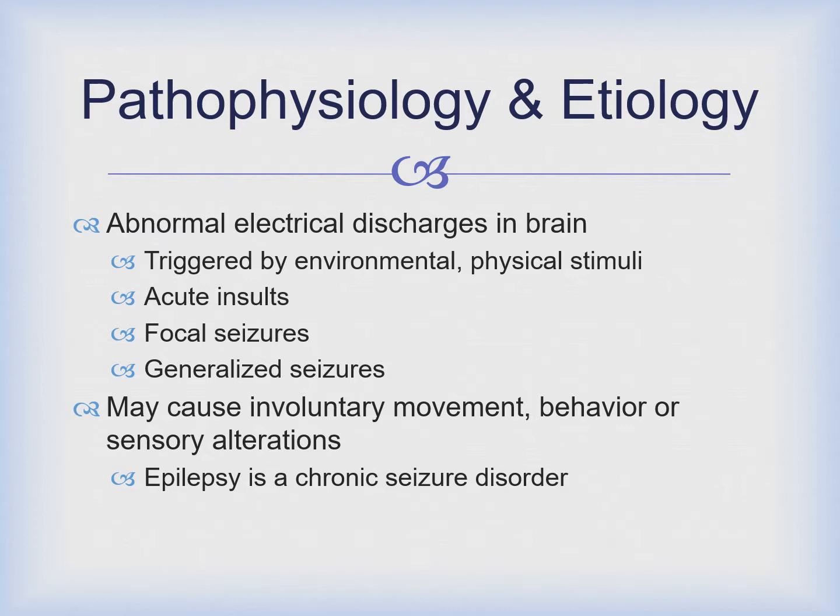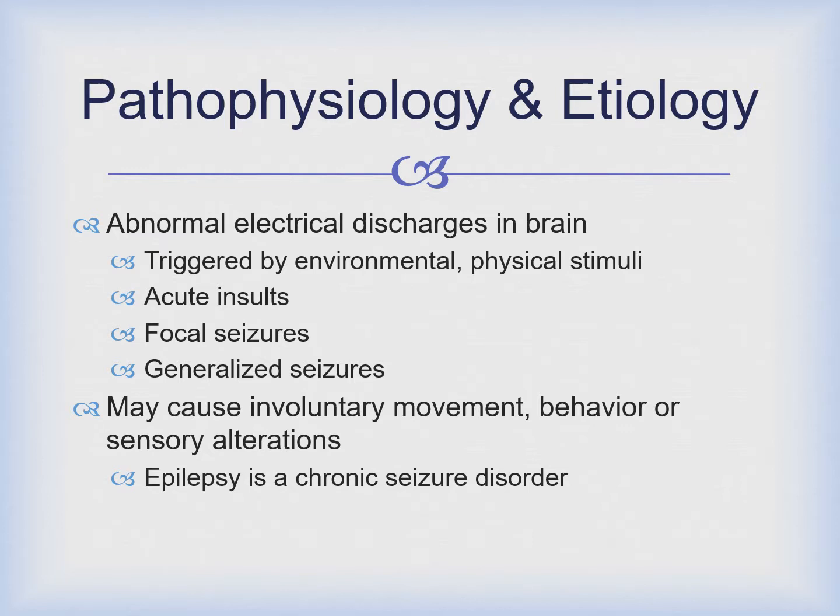If you think about the warnings that are on video games about may induce seizure activity, bright lights going off and on can be an insult to the brain to cause a hyperactive electrical discharge. Patients going into DTs, there's a chemical imbalance in the brain that's associated with that process that puts someone at risk for seizures.